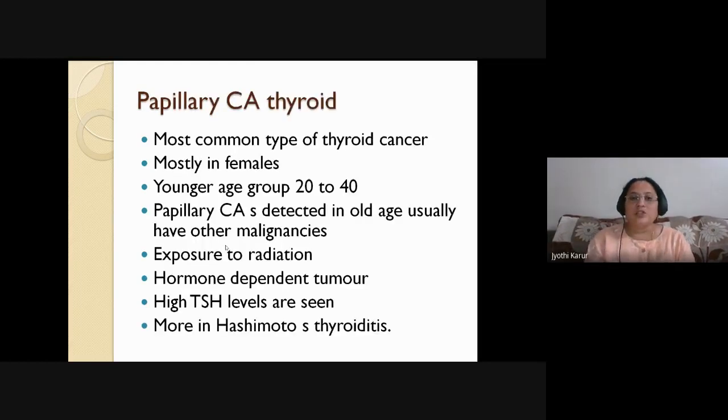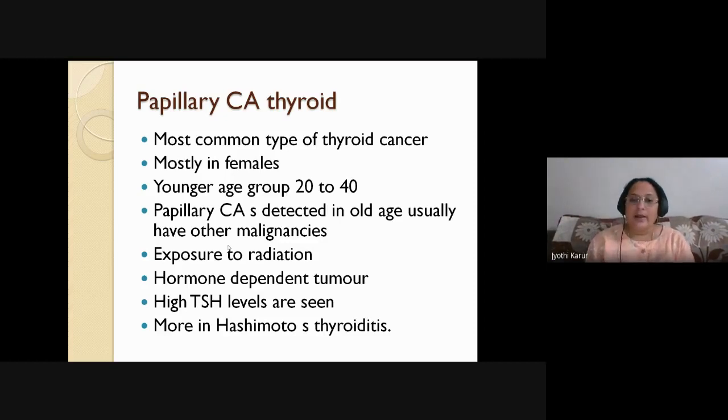Coming to the most common carcinoma, that is papillary carcinoma of thyroid. Many studies have been conducted and many recent advances have come in the treatment of papillary carcinoma of thyroid. It is studied more often because it is the most common type of thyroid cancer. It constitutes about 80% of all thyroid malignancies and is mostly seen in females.